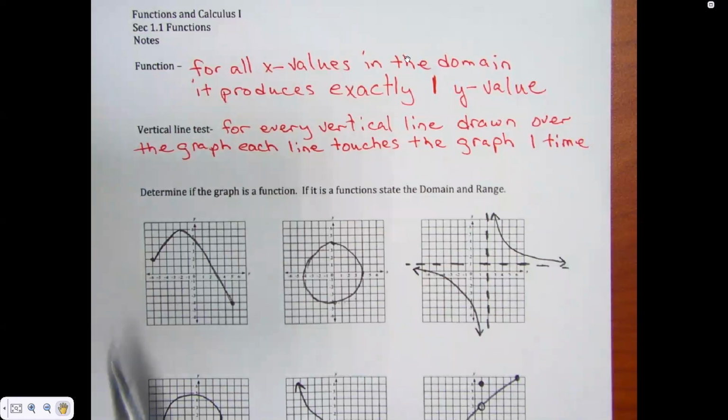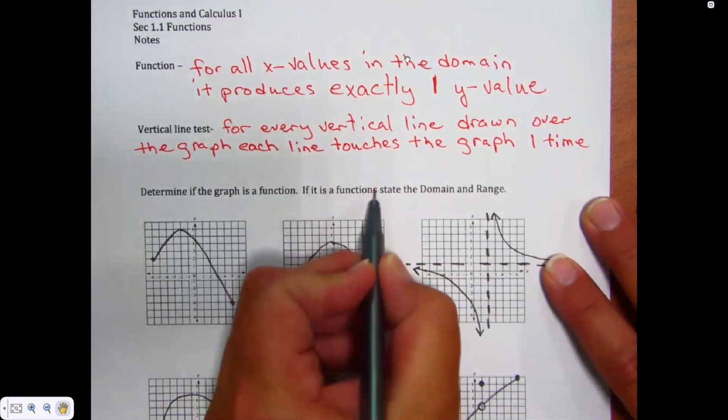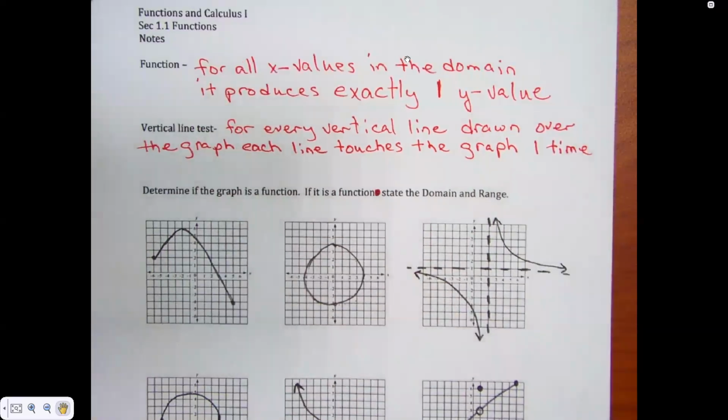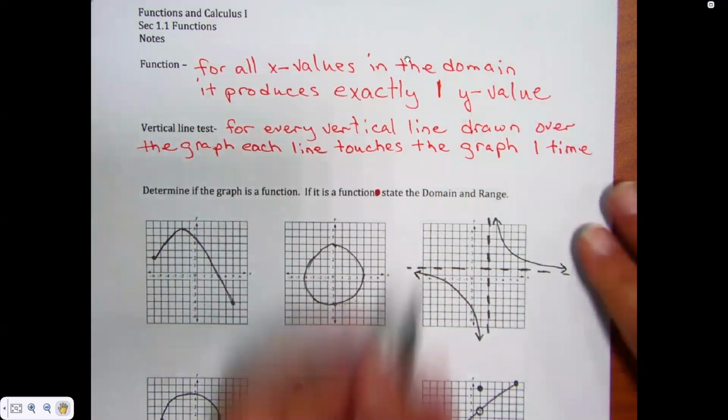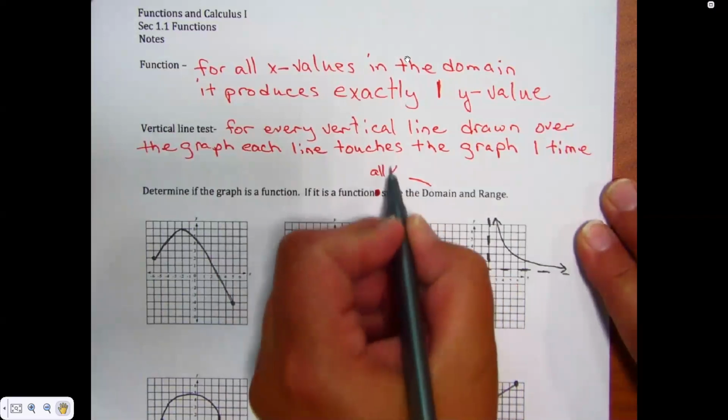Okay, so we got some pictures. We're going to determine if it is a function, and if it is a function, we have to state the domain and range. What's the domain? All the x values. Domain is all x values.